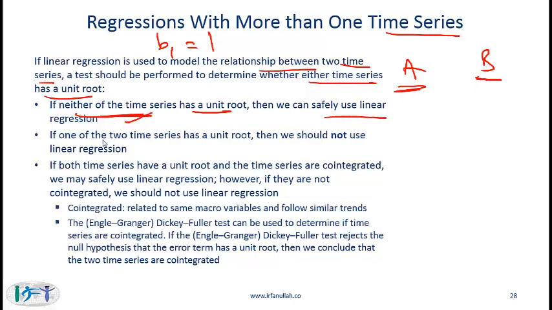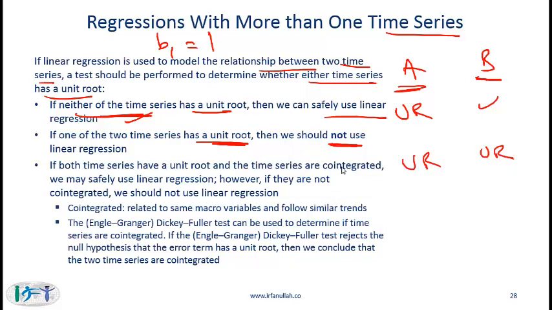So that's okay. If one of the two series has a unit root, so this has a unit root problem, but this is okay, then we should not use linear regression. Okay, so if either one is problematic, you cannot. What if both have a unit root?